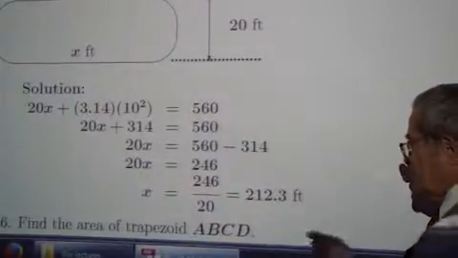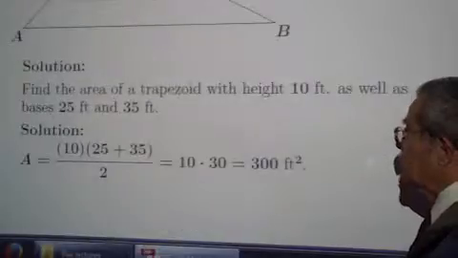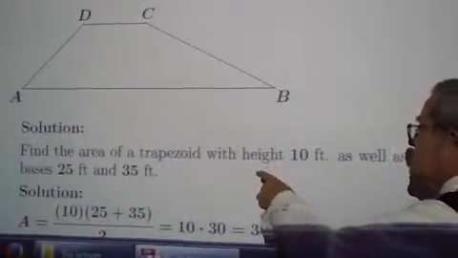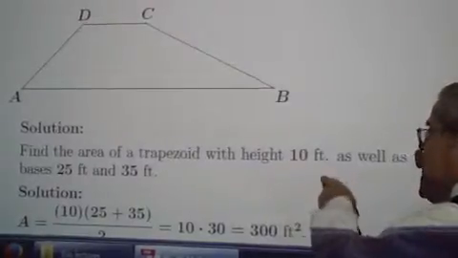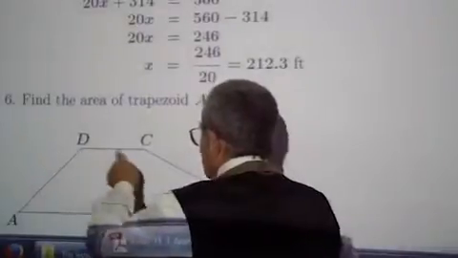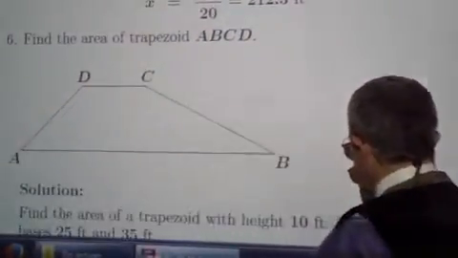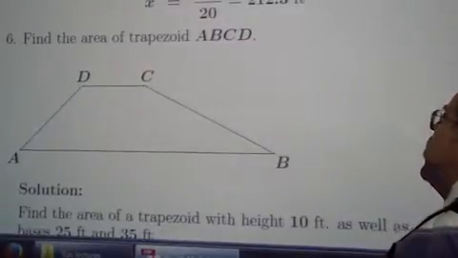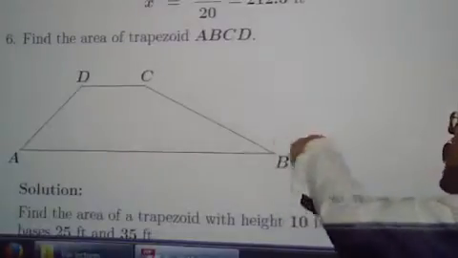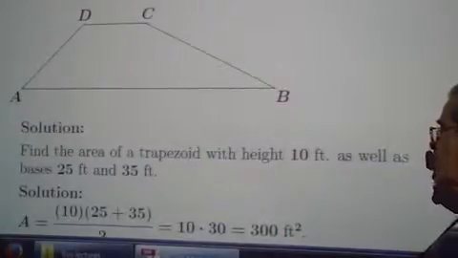And then find the area of a trapezoid ABCD. If we know that the height is 10 and the bases are 25 and 35. The base is 25, the base is 35, and the height is, what did I just say? The height is 10 feet. Okay, that should have been given up here. So, yeah, it's given down here.